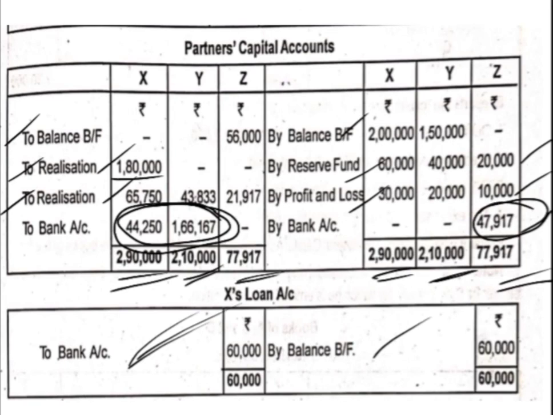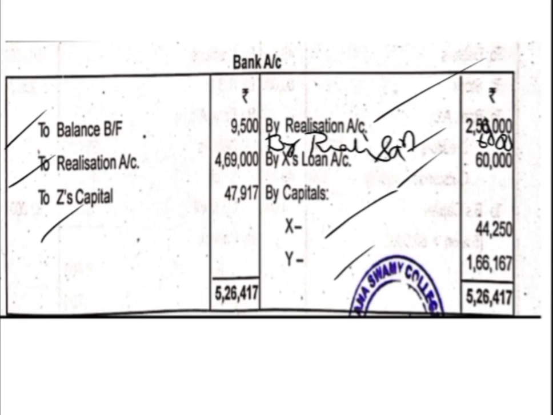Then so much amount partner Z has brought in. We have passed the entry bank account debit to partner's capital account. So in the bank account to Z's capital account, 47,917. After we write all these entries, the bank account tallies at 5,26,417. So whatever discussion we have done about the solution is correct.